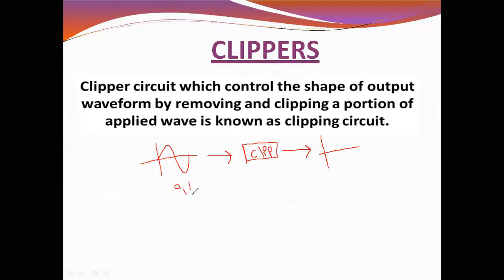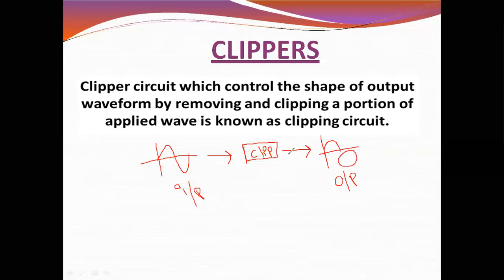Here it is the input wave. From this input waveform, the clipper can remove some portion of the input waveform. If I need only the positive half of the input at the output, then the clipper can clip or remove this negative portion.